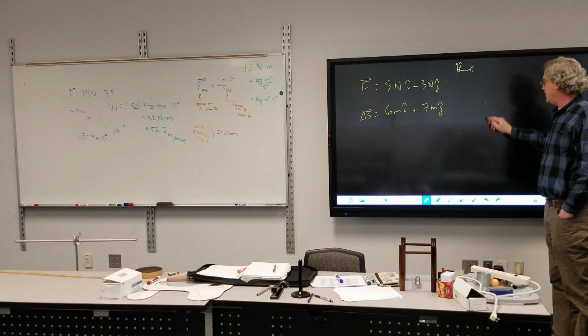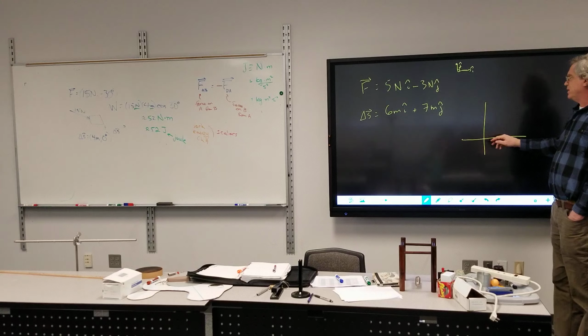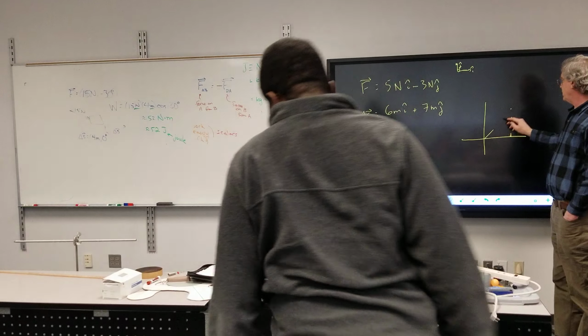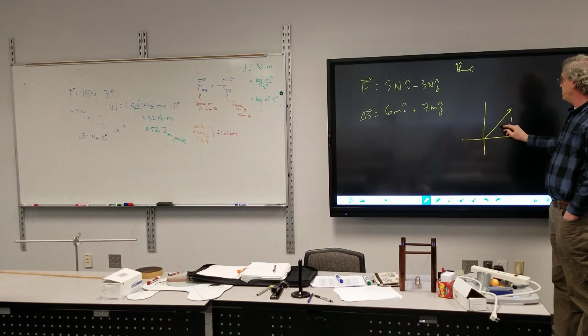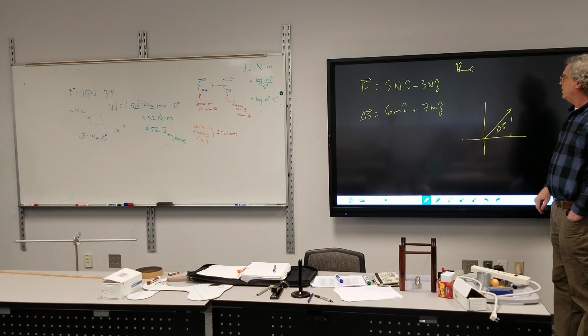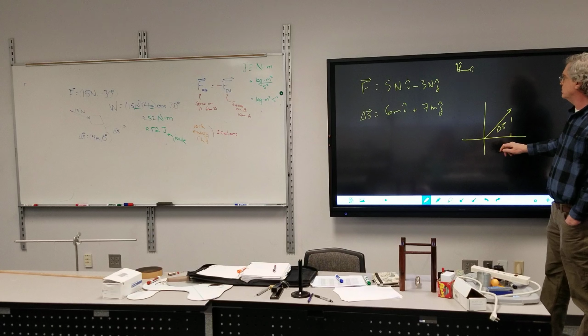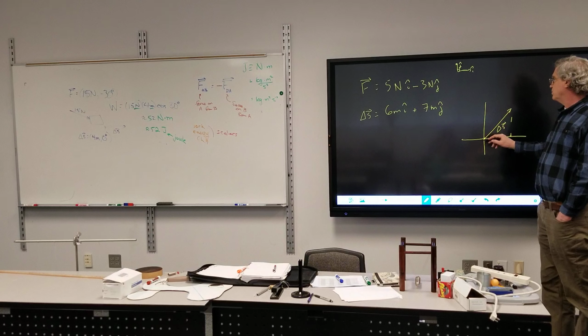So if I sketch that out, 6 meters i hat, 7 meters j hat, so let's go somewhat in that direction right there. There's my displacement. And the force acting on that object while it does it is 5 newtons, 3 newtons. So it's more i than j.